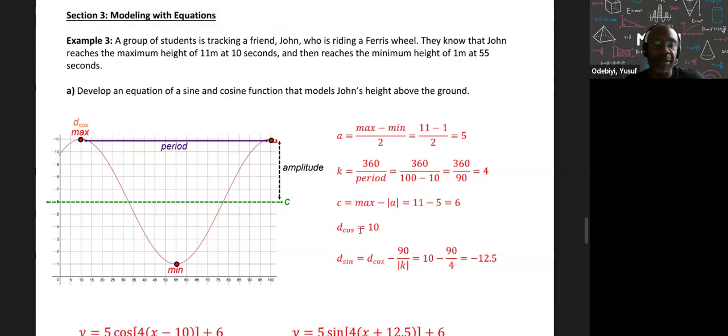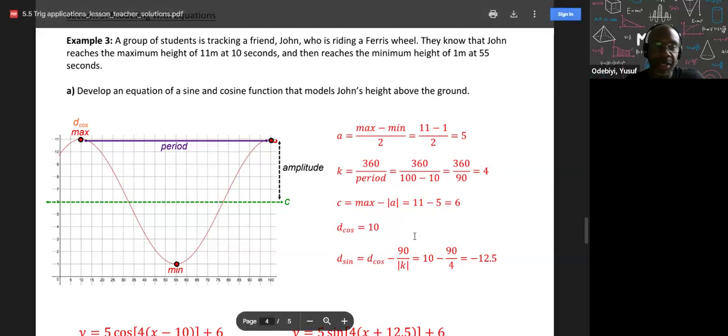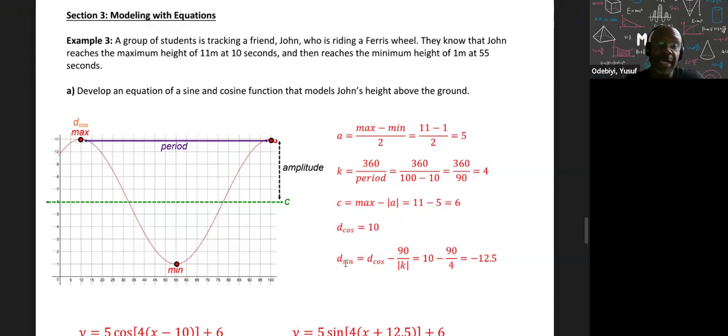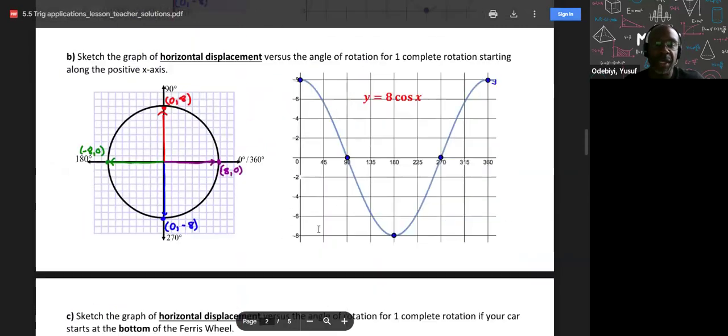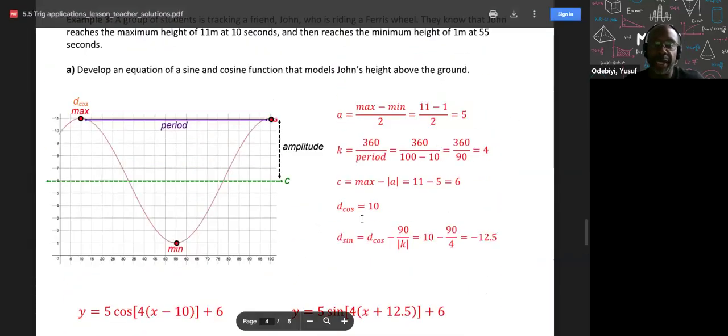And now we're trying to find your D. Your D is related to the max. Max was at 10 seconds. In order to find D, there are two D's now, D cos and D sine. This is something you have to see in the formula. This is important right here.